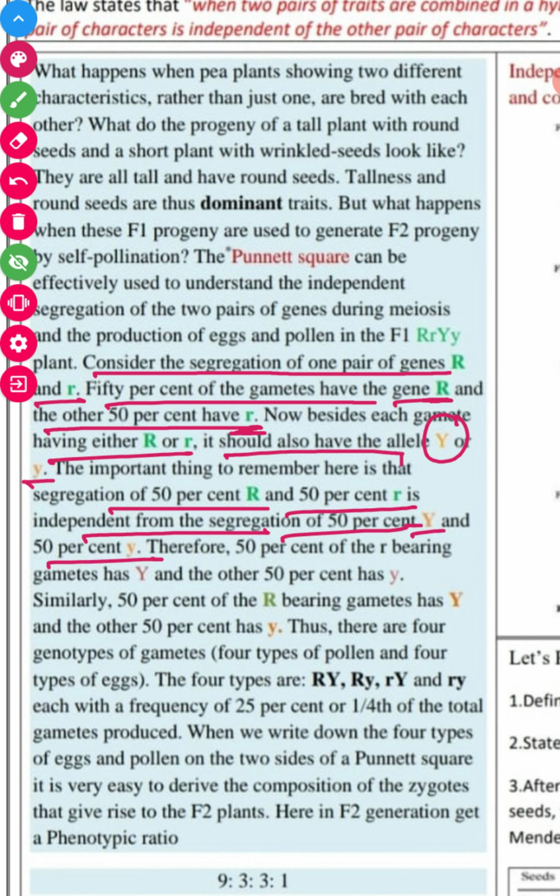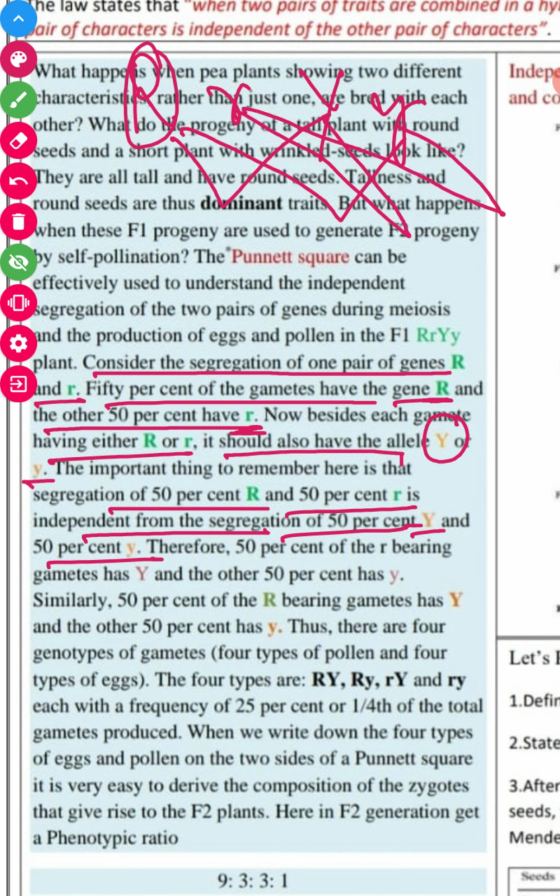Meaning any one of the characters combines with any other. Like this is round and this is wrinkled, this is yellow, this is green. This round can combine with this yellow as well as with this green, and the wrinkled goes with this and even with this also.